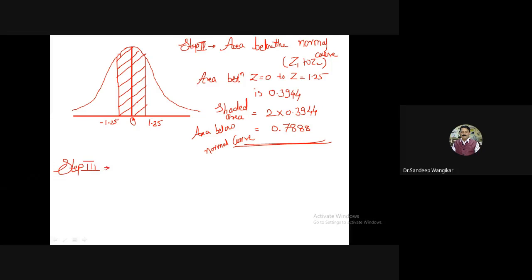Here in step number 3, percentage of rejected bushes. So we are having the area.